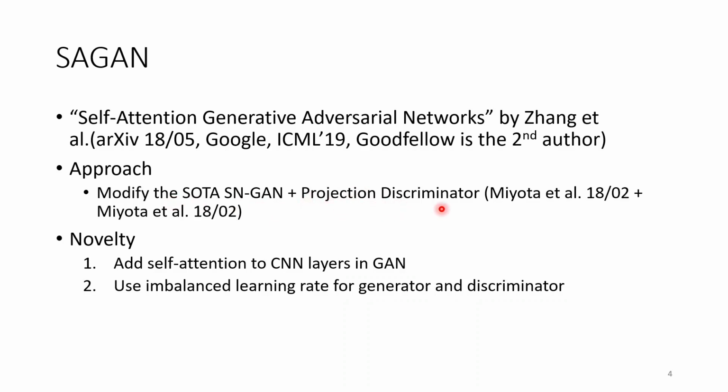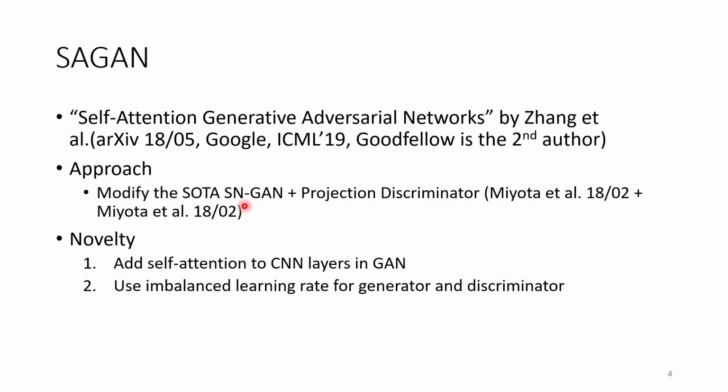In a GAN there is a generator and a discriminator. SNGAN applies spectrum normalization on the generator, and projection discriminator improves the discriminator using some technique.